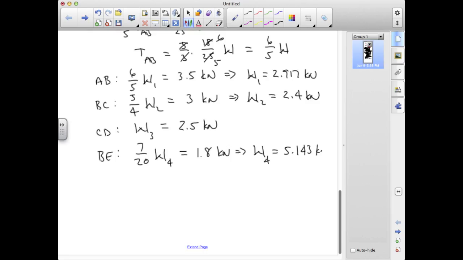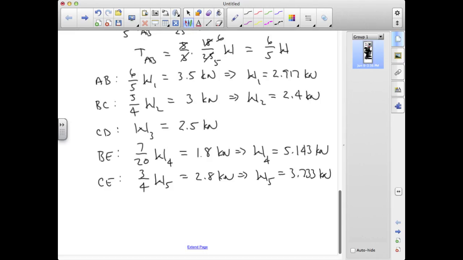That turns out to be the largest of the set. For CE, we have 3/4 W5 is equal to 2.8 kilonewtons, and that gives us a final limit load of 3.733 kilonewtons.